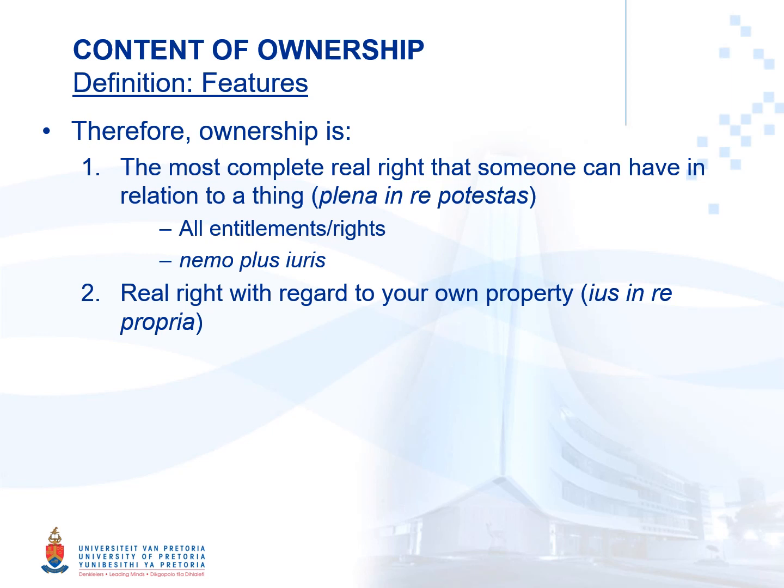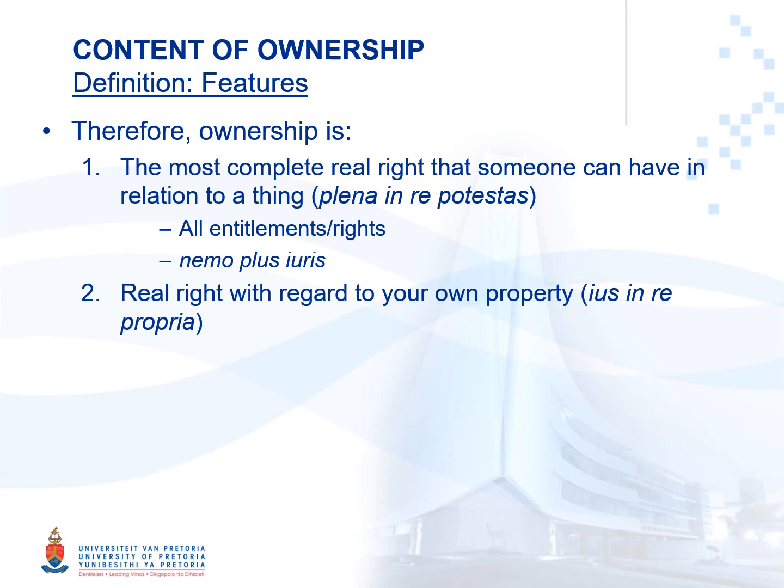This is encapsulated in the maxim "Jus in re propria sua," which means right to one's own thing. In this regard, ownership is not a limited real right, which is encapsulated in the maxim "Jura in re aliena." Limited real rights are rights a person has in another person's property, while ownership is the only real right you can have in your own property.